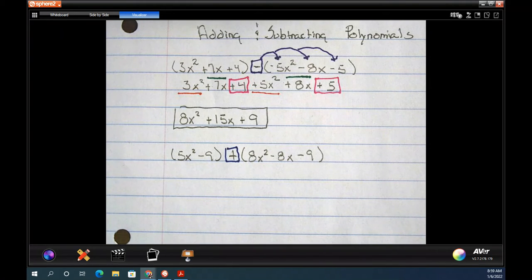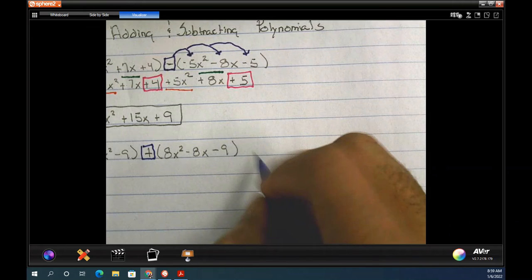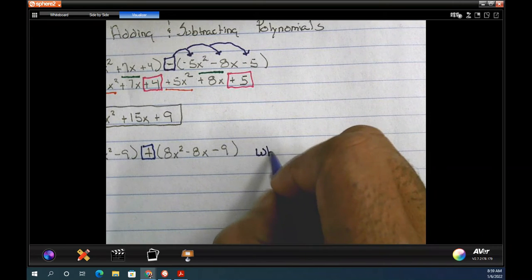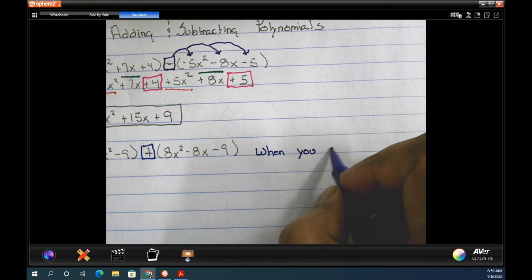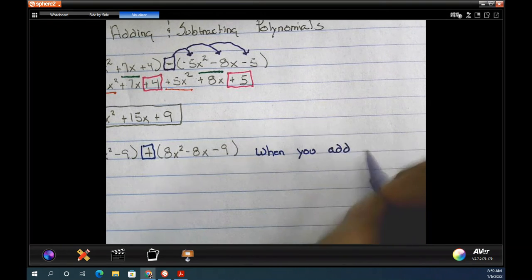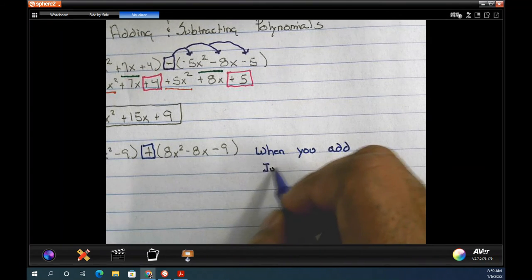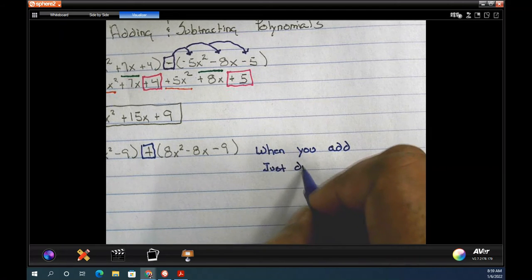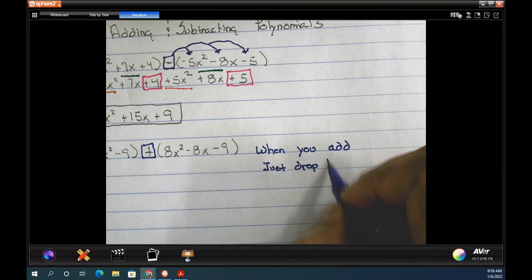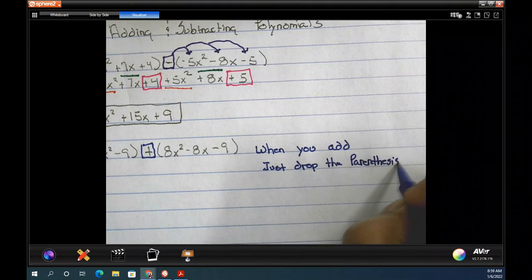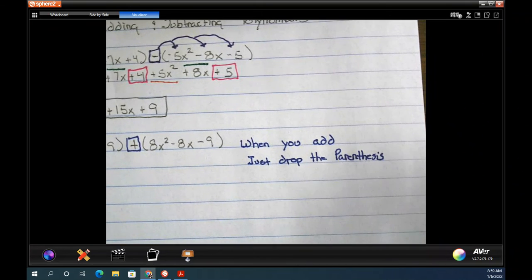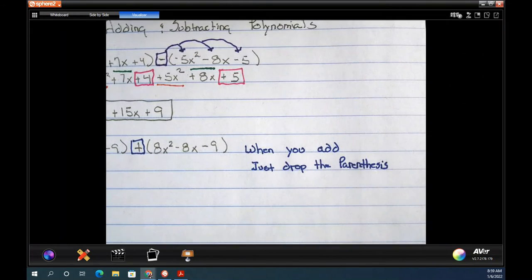Okay, when you add, let's put a little note out here. When you add, just drop the parentheses. That's all you have to do.